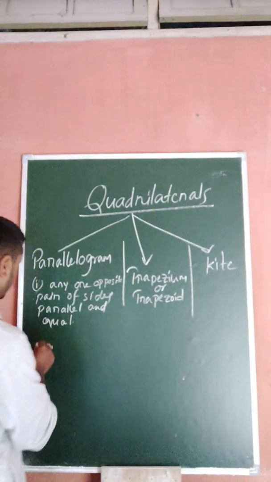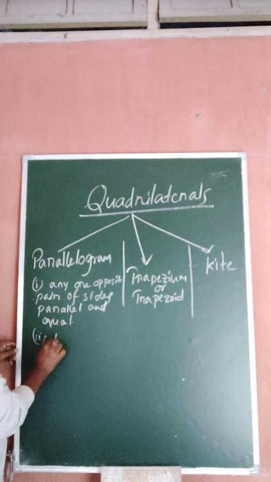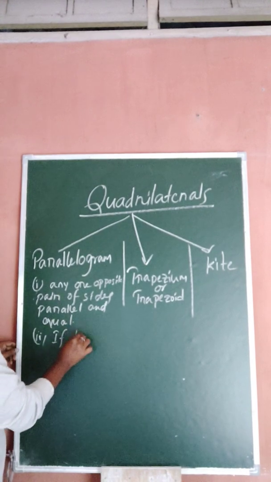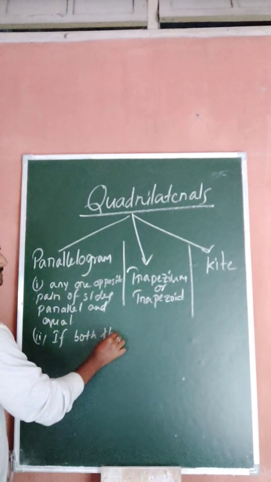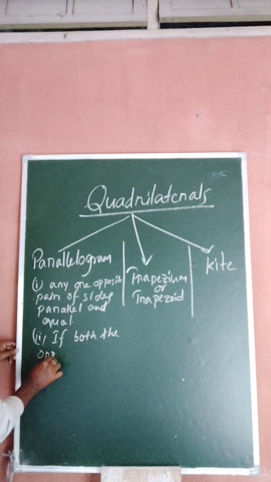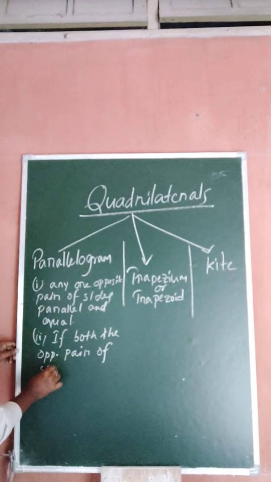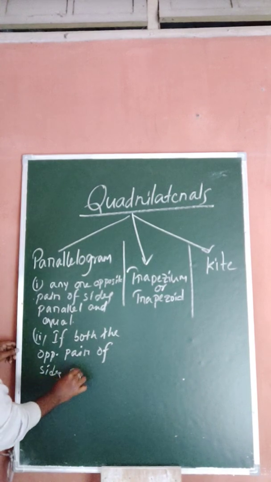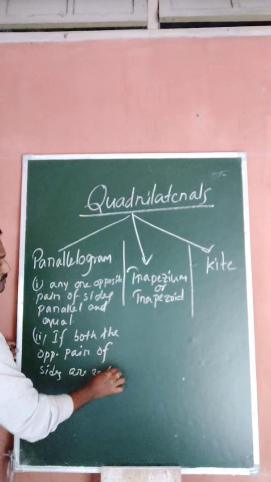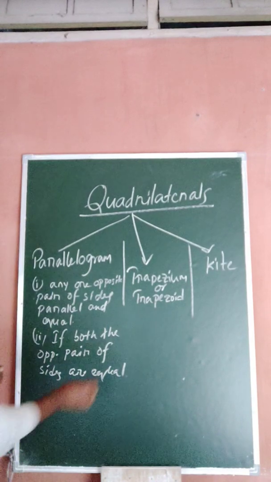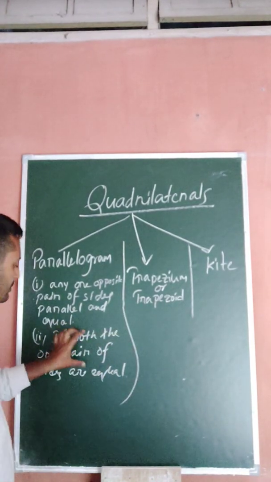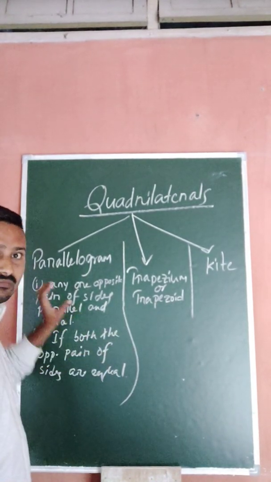Or secondly, if both the opposite pairs of sides are equal, then also that quadrilateral is known as a parallelogram, because if both pairs of opposite sides are equal, then they must be parallel.